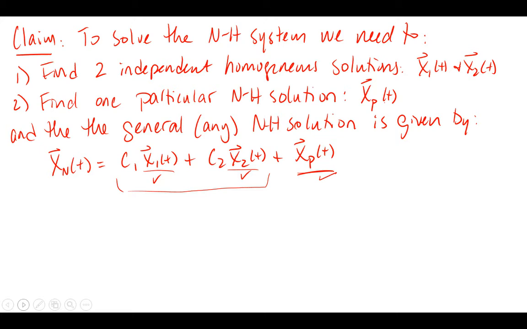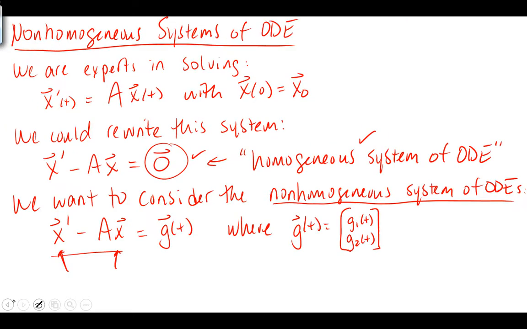I'll give you the very quick recap, especially since I just did this 2 minutes ago, of where we're at. So I think our goal this week is to figure out how to solve a non-homogeneous system of ODEs, which we've been very good and comfortable with this guy, or really this guy, which rewritten is just this guy down here.